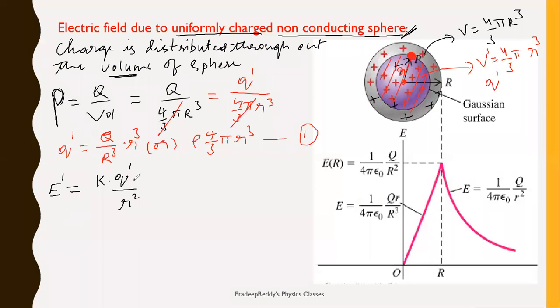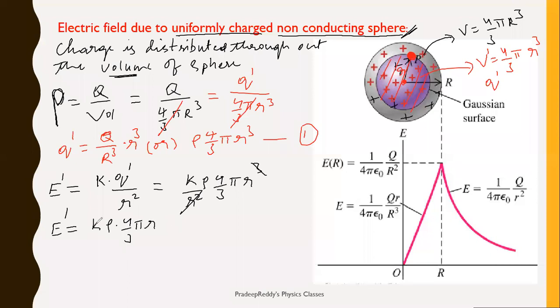Now this can be written as k divided by r square into Q dash, which is rho 4 by 3 pi r cube. This r square and r cube, the r square gets cancelled. What is left over here is r. Therefore E dash is equal to k into rho 4 by 3 pi r.